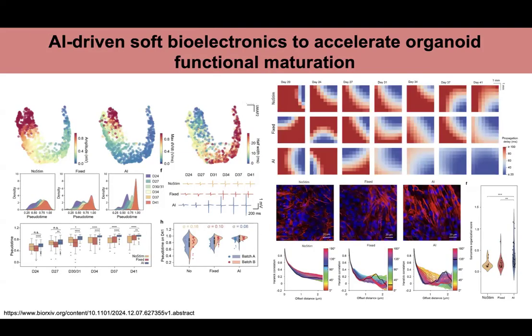At the tissue level, this AI-driven stimulation significantly improves the propagation speed of the action potential across the synthetic cardiac tissue. And at the molecular level, the cells seem to form a more aligned molecular structure in the tissue that receives this AI-driven stimulation compared to the traditional fixed stimulation or the no-stimulation control.